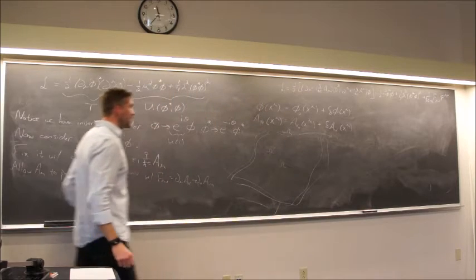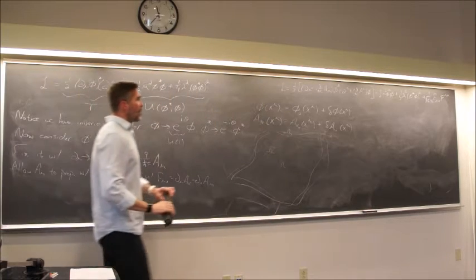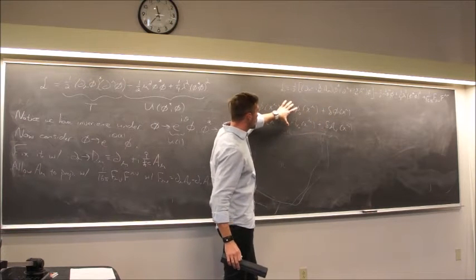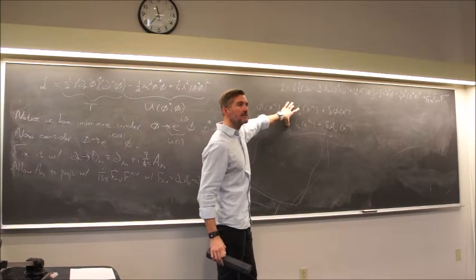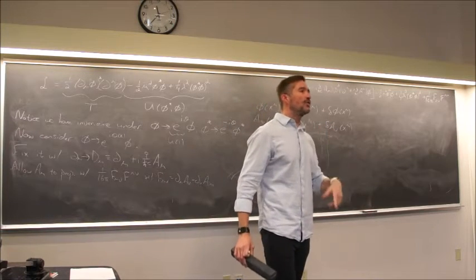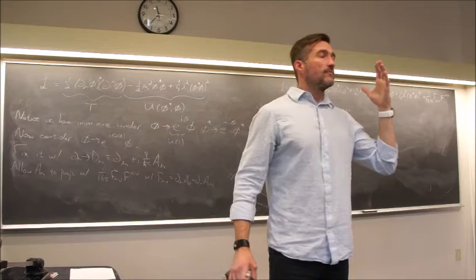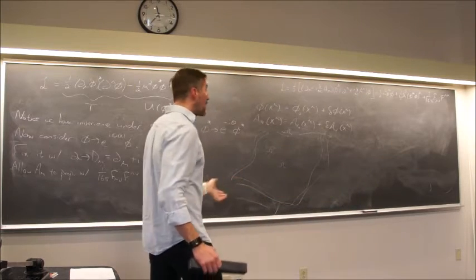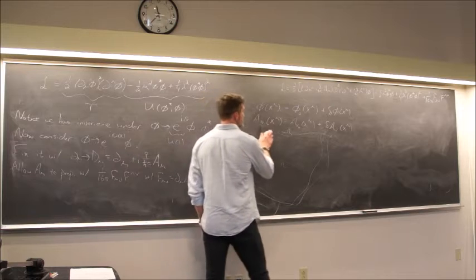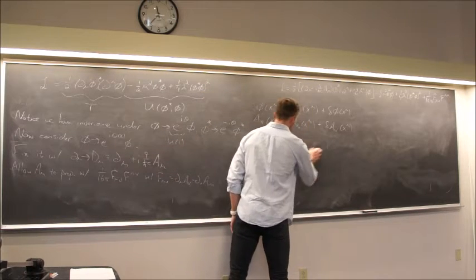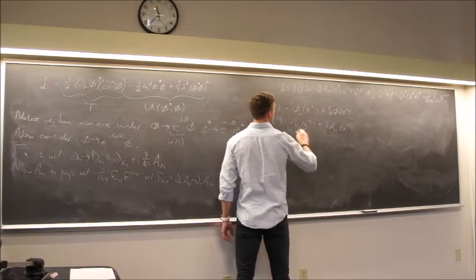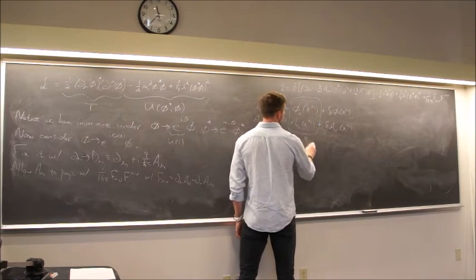Okay, but the question now is, so these are the fluctuations, these are little particles, what do I put in for these? Now most of the time when you do calculations in particle physics, your beginning assumption is that these are 0.